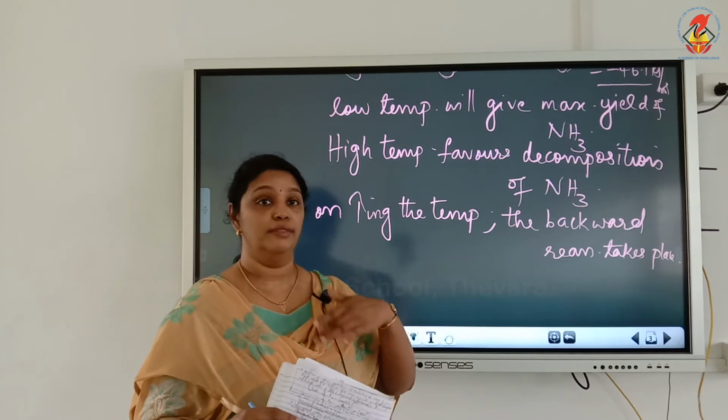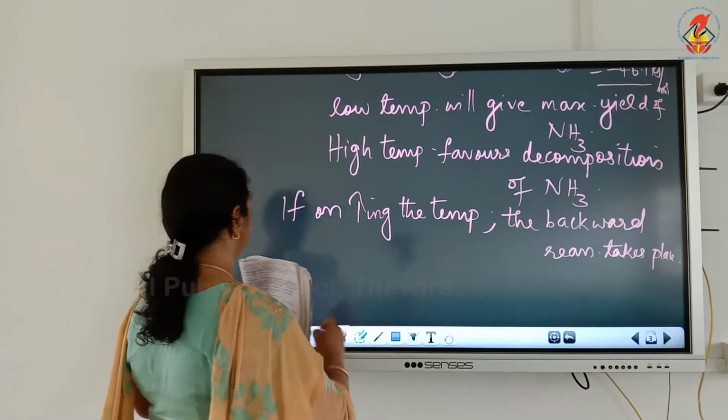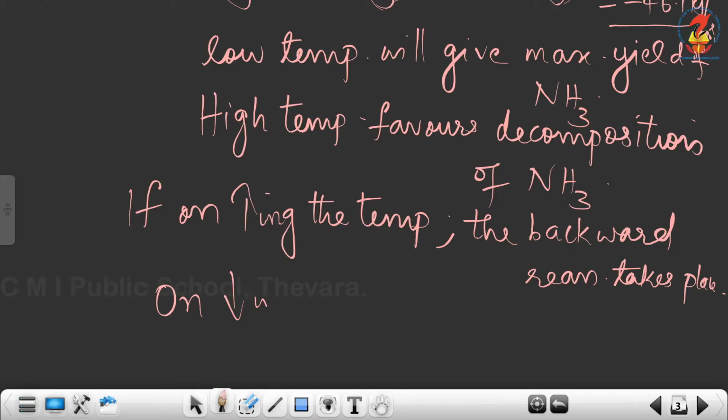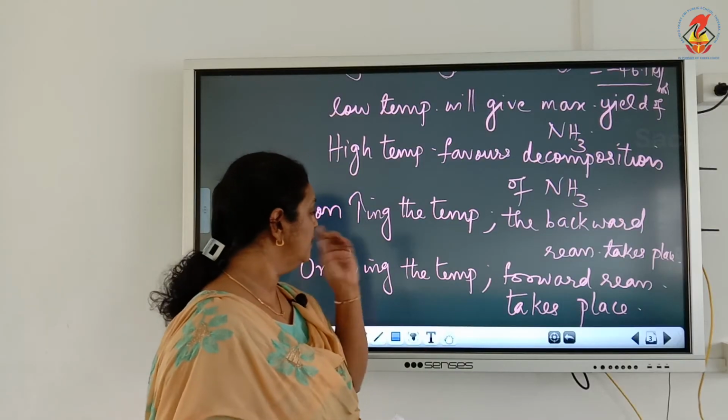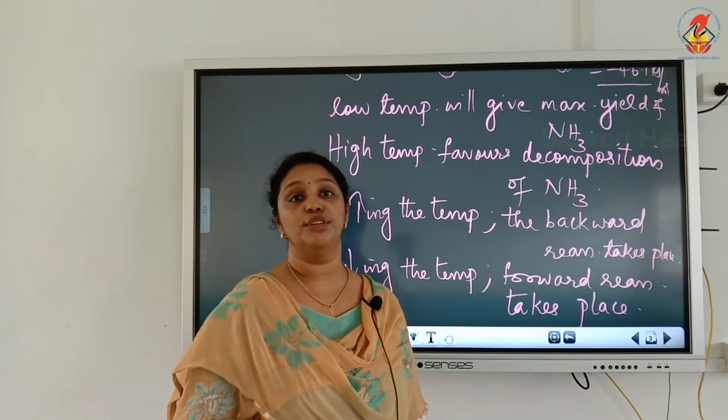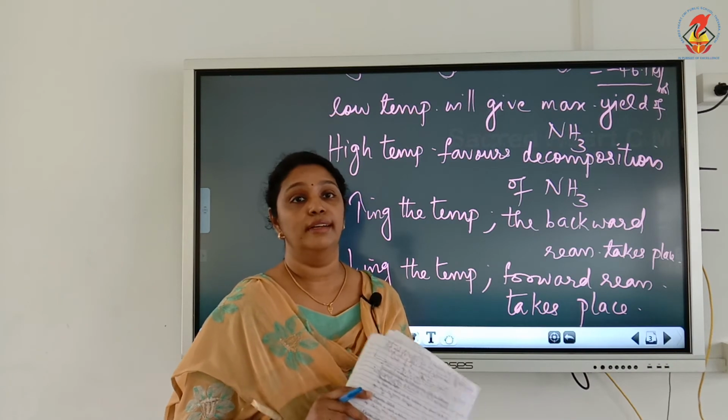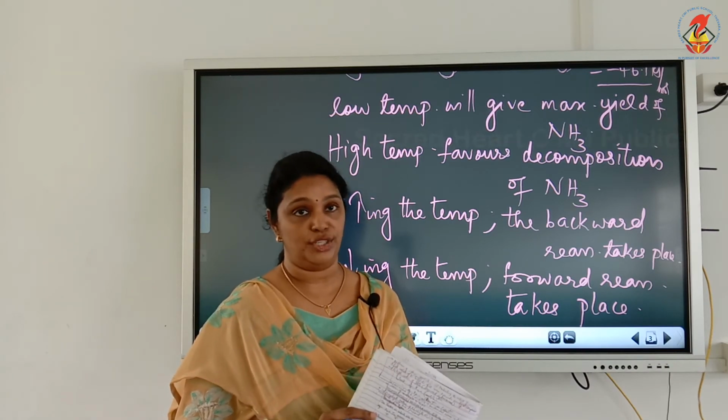So on decreasing the temperature, the forward reaction takes place. Okay, so this is the effect of change of temperature on equilibrium of a reaction.